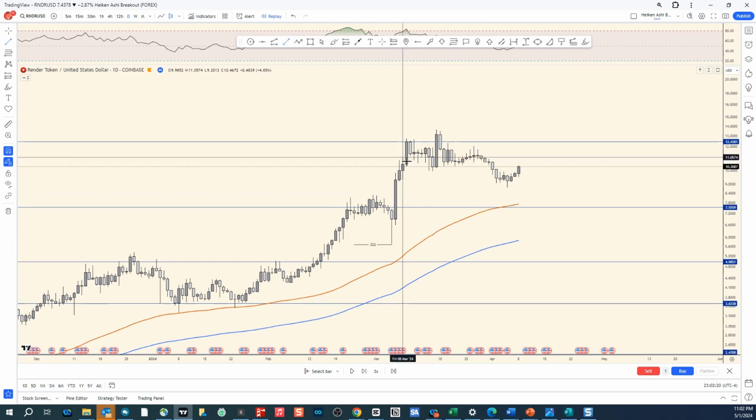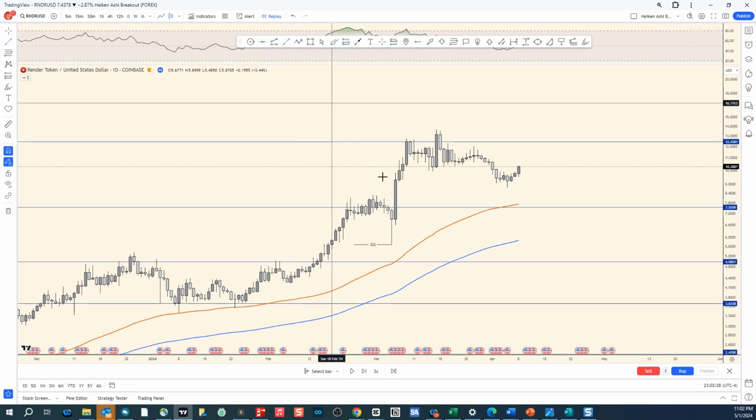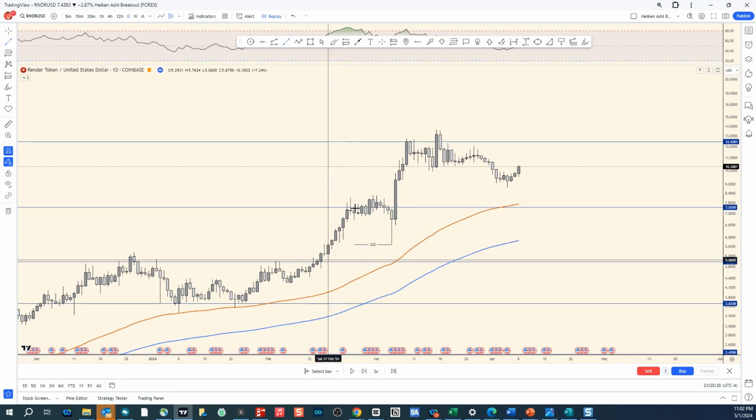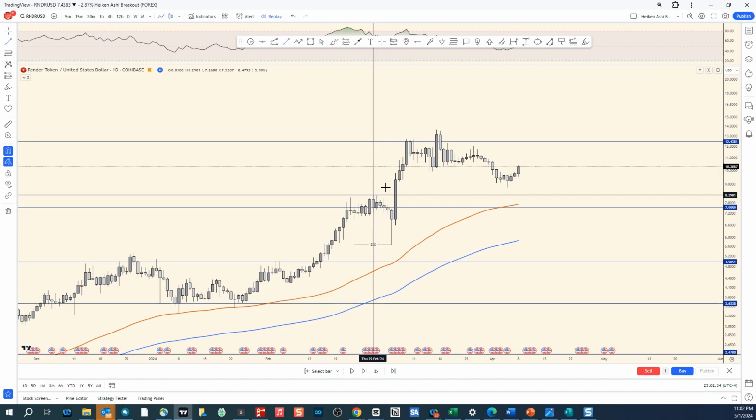The third is it has to break structure or change character. What do I mean? Well, we are in an uptrend, and with this latest impulse candle, we stayed in our uptrend and we broke this high right here.